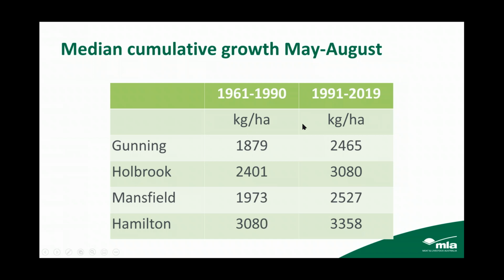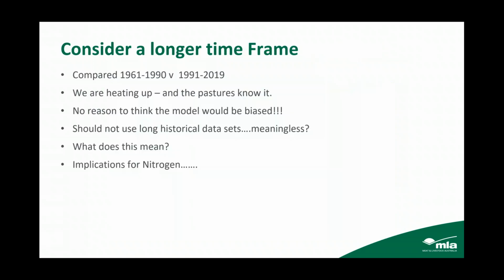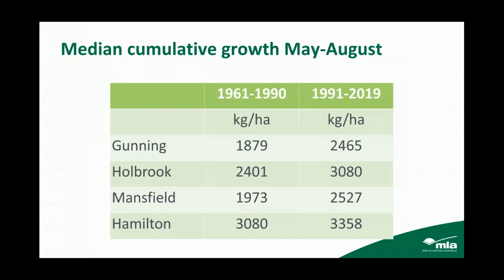But the big thing is, have a look at the differences. 1,800 or so to 2,400, 2,400 to 3,000, 1,973 to 2,527, and 3,080 in the less affected Hamilton to 3,358. So that's just another way of saying what I've already told you, and I dare say it would work out for the 10th centile year or any other, it doesn't really matter. The point is it's getting warmer, and that's going to have implications also for nitrogen.